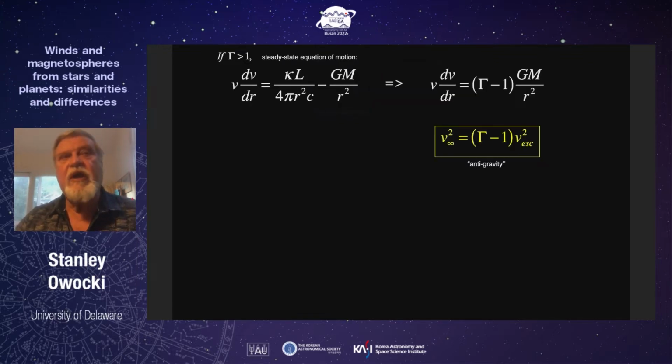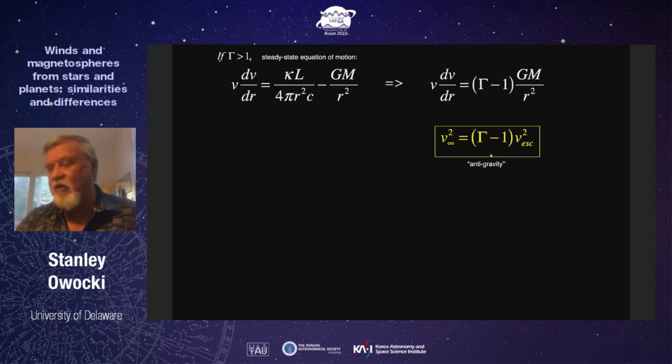And then if you just want to integrate this equation, you can use this notation of the ratio of the radiation force to gravity, and then you have an anti-gravity form. If you integrate that, you find that the wind speed squared that you reach will be gamma minus 1 times the escape speed squared.